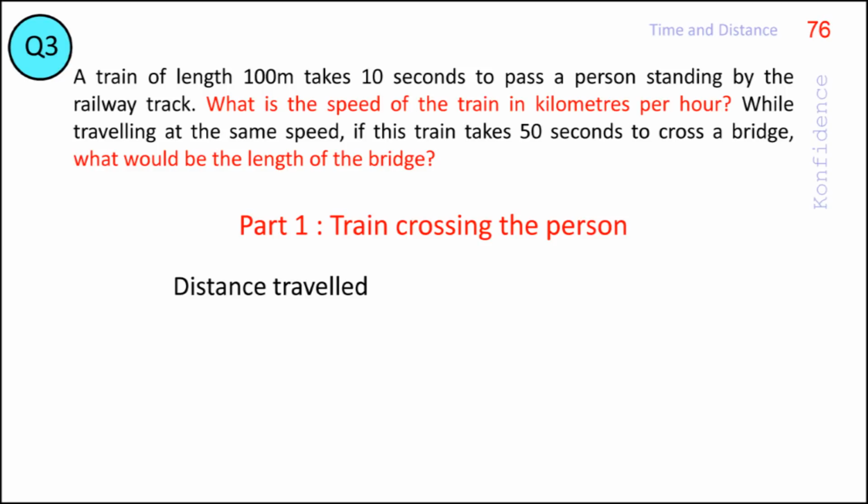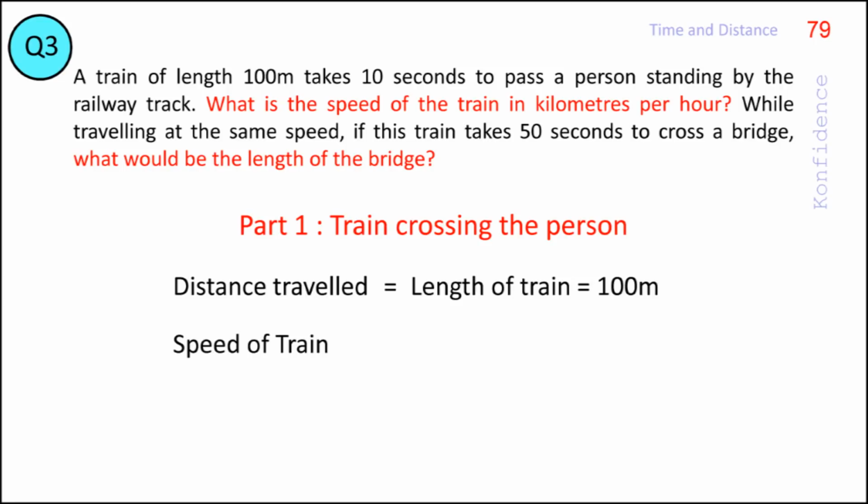What is the distance traveled here? As the width of the person is negligible in comparison to the length of the train, we can say that when the train crosses the person, the distance the train has to travel is the length of the train, which is 100 meters in this question. And the train crosses that distance in 10 seconds.